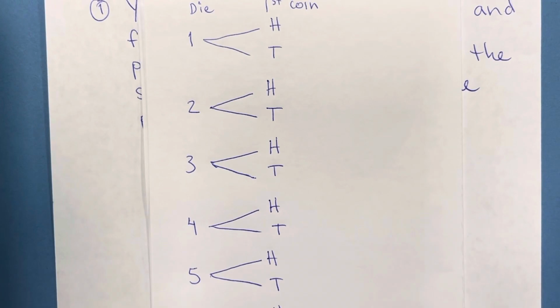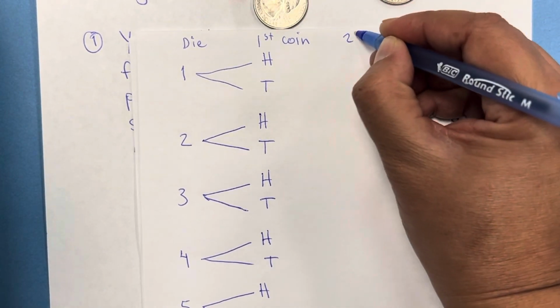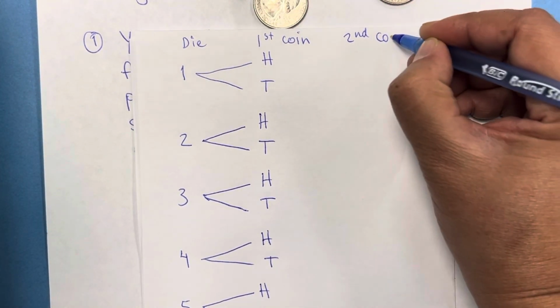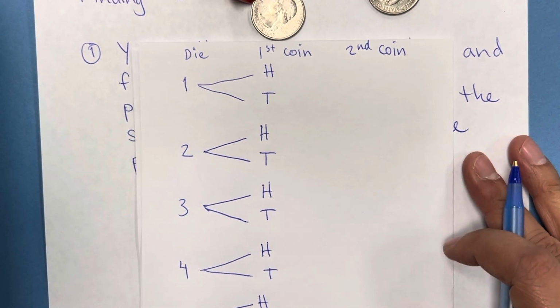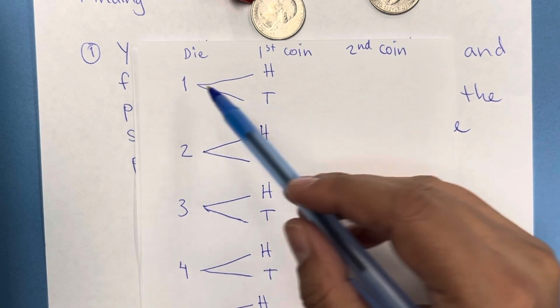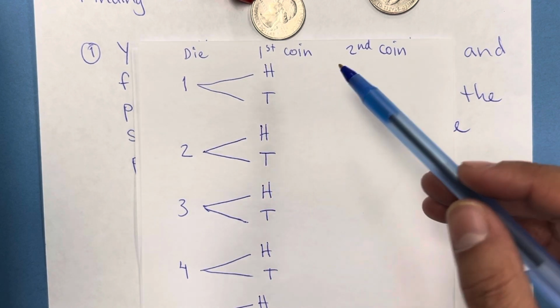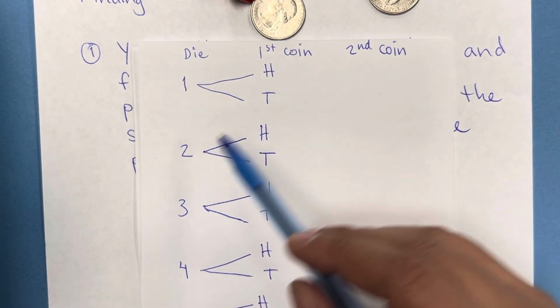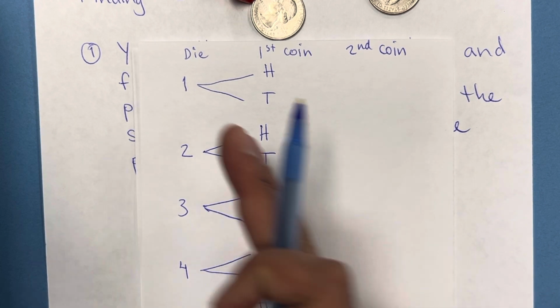And then you throw the second coin. You flip it. Again, we don't know which one we got before, if it was a 1 and heads for the first one, or 1 and tails, or a 2. We don't know which ones we got for the first.